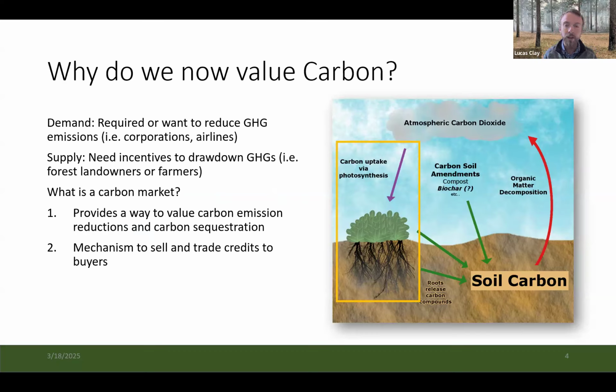The supply is those landowners or farmers who need incentives to draw down greenhouse gas emissions or remove carbon from the atmosphere. So the carbon market provides a framework to do just that. It provides a way to value these emissions and reductions in carbon sequestration across forest lands, and it's also a mechanism to sell and trade credits to buyers.